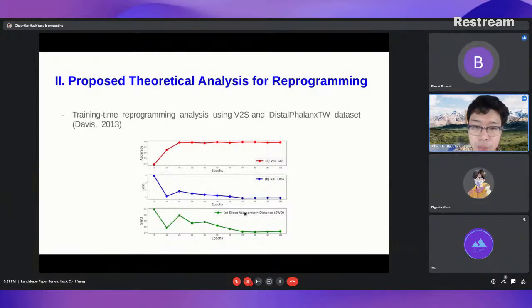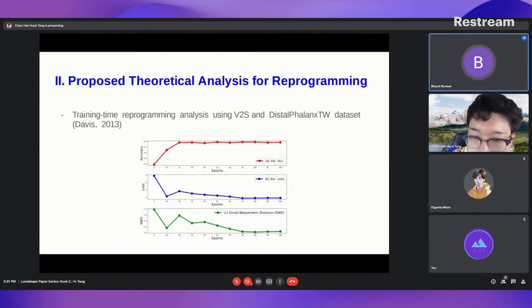I have a question. Yeah, please. What does it mean by sliced? The sliced Wasserstein distance, right? What does this sliced mean? For Wasserstein distance, you compute the distance between two distributions, right?